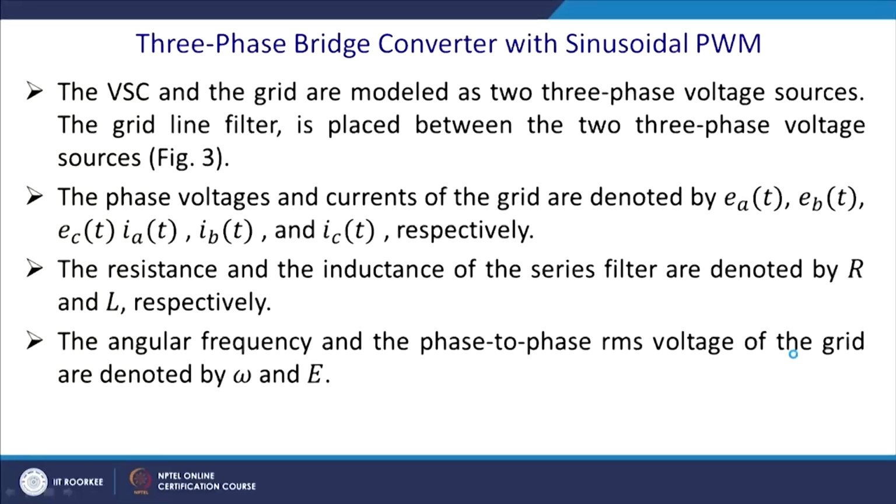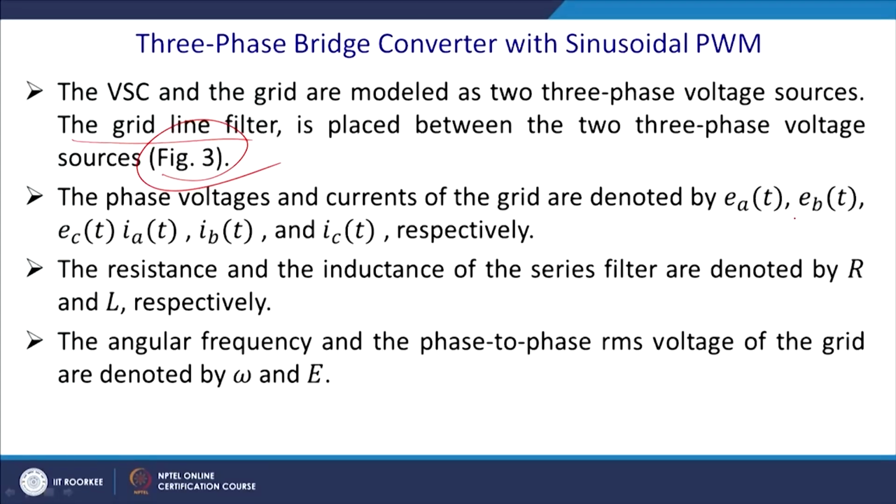Similarly, the VSC and the grid are modeled as two 3-phase sources, and the grid line filter is placed between the two voltages. We will see it in figure number 3. The phase voltages and the currents of the grid are denoted by EA, EB and EC, and currents IA, IB and IC respectively.